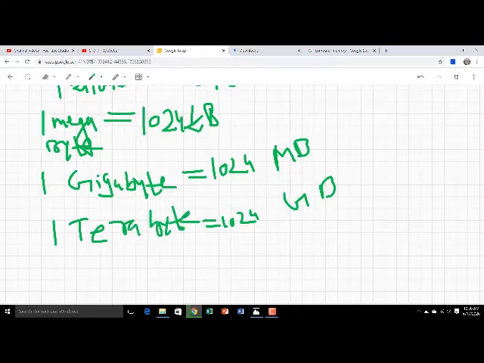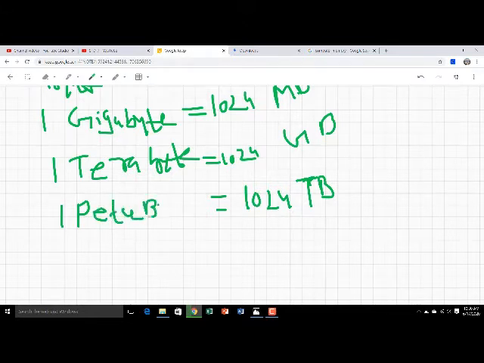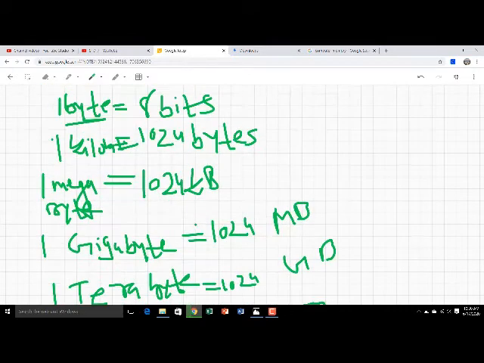And 1024 terabytes equal 1 petabyte. So these are all the units of our memory.